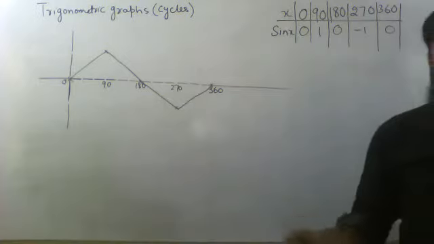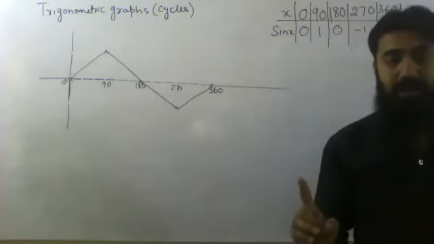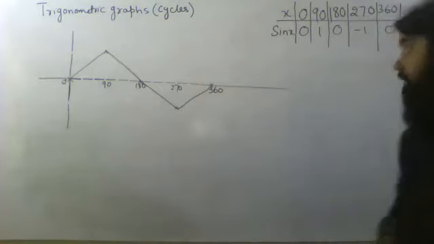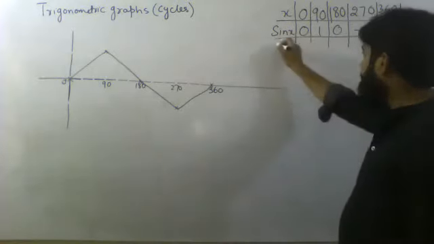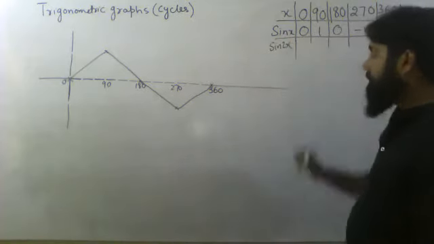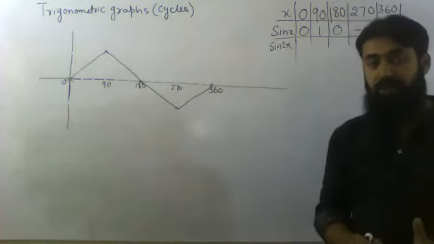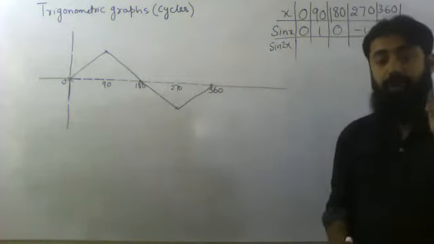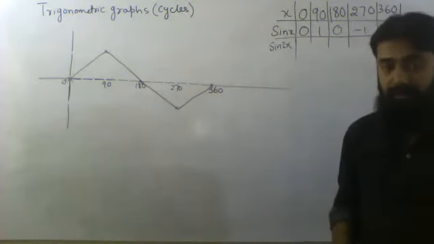Because in the start I told you that for sine, one cycle has a period of 360. Now, for instance, if they say that sine 2x should be there, it means from 0 to 360 degrees, now I have to bring two cycles. So what will basically happen?